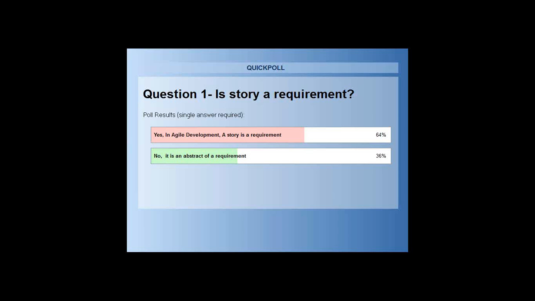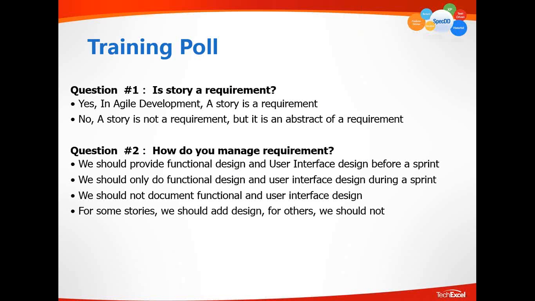And it's absolutely true that for some of the stories you don't add design at all, and for others you do. And the Scrum process emphasizes that requirements change so often, so managing documentation of such requirements is not as effective as taking a story just as an abstract.